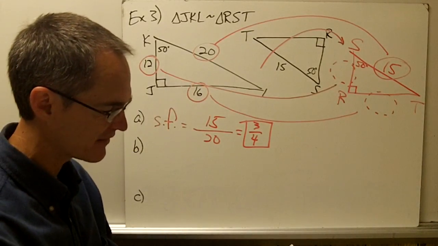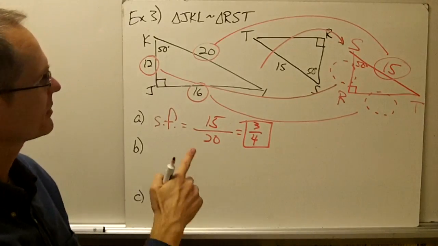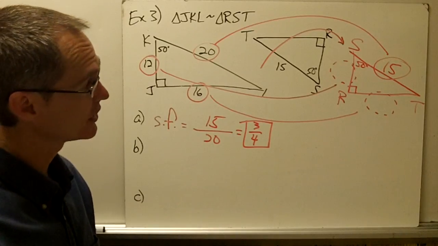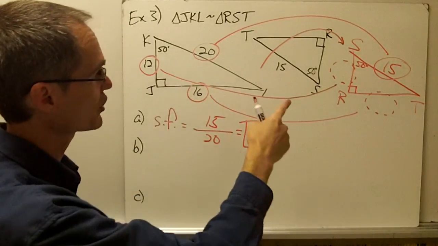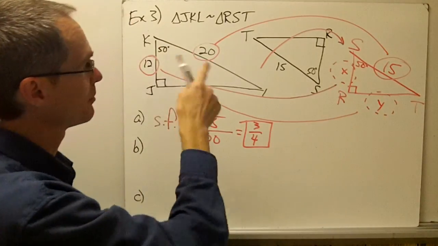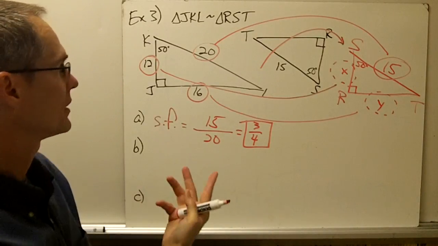Now, part B says find the value of any missing sides and angles. There's a couple of different ways I could do this. I could set up a proportion. I could call this X and call this Y and set up a proportion to find X and to find Y. So let's try that method.